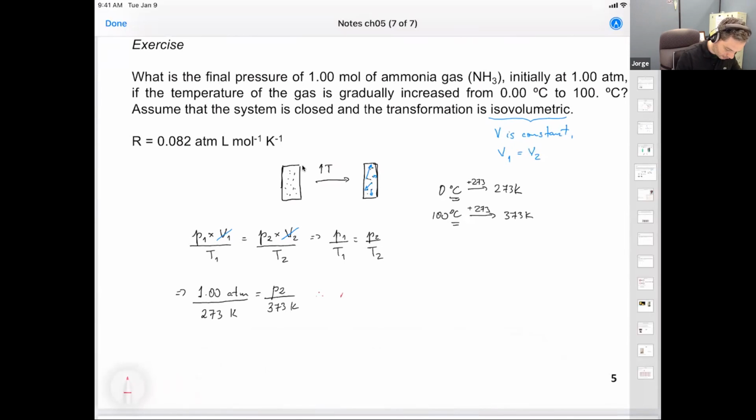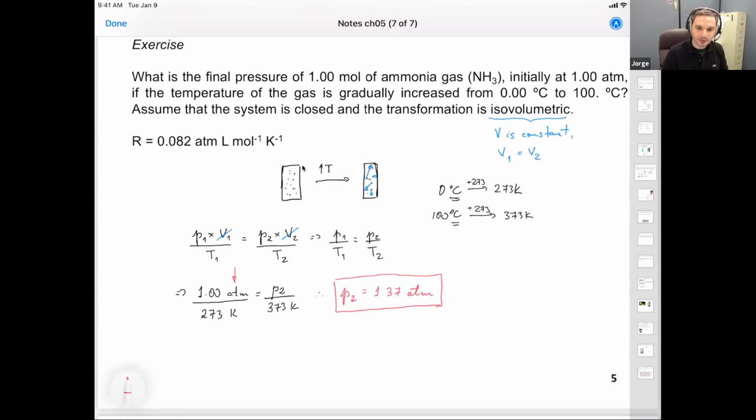Therefore, final pressure, according to my numbers here, is going to be 1.37 atmospheres. Okay, so the unit of pressure is given right here.